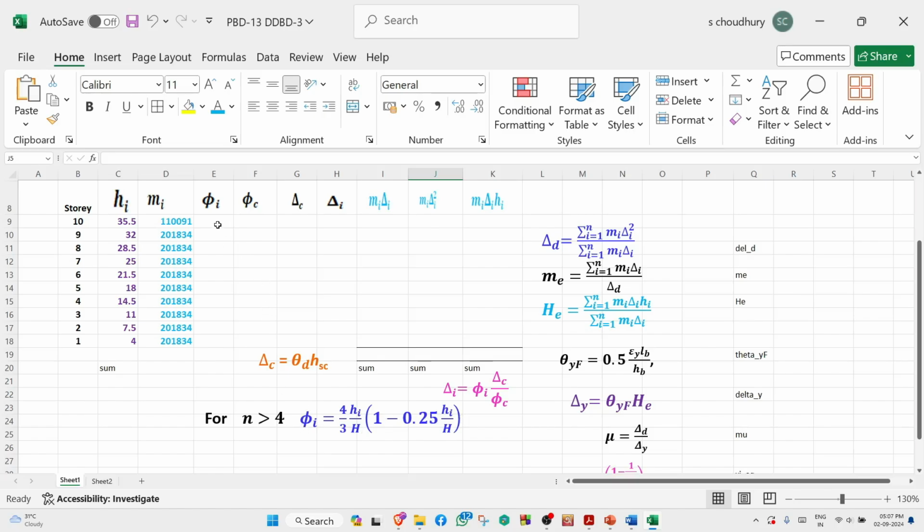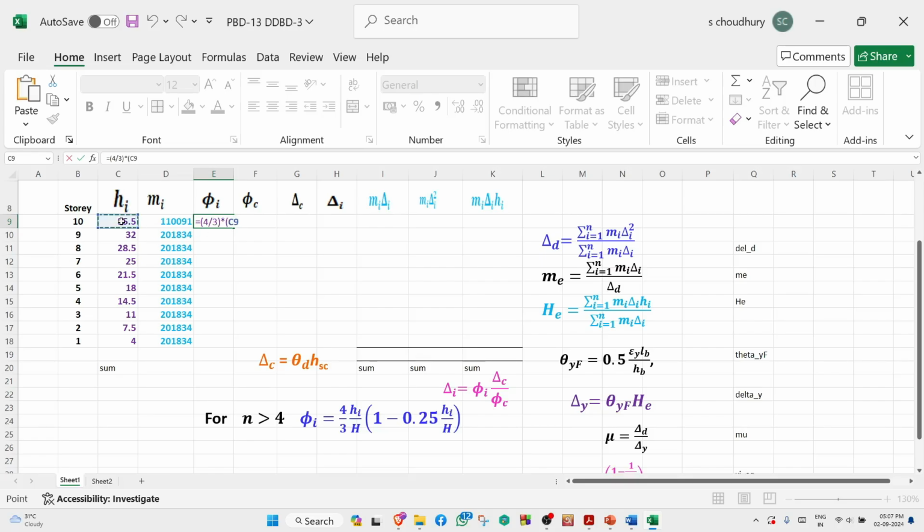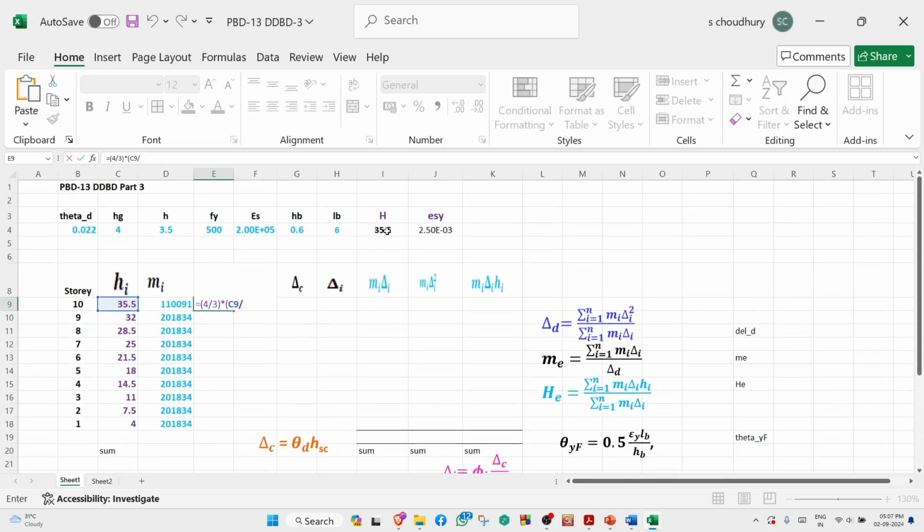Phi I equal to 4 by 3 into hi by h. So hi is this height divided by the total height, this one. Since this is constant, we have to put dollar here.